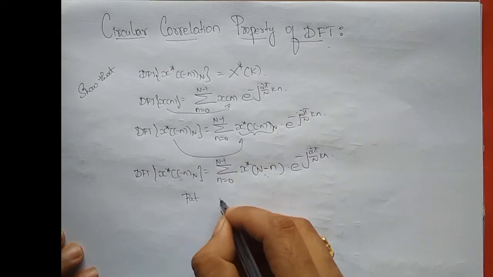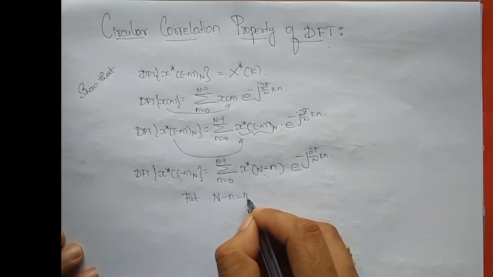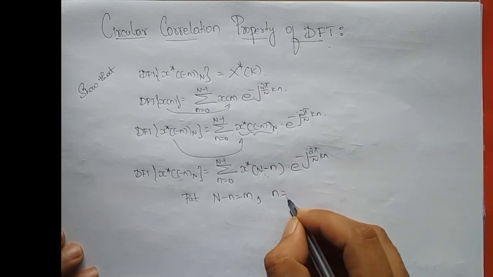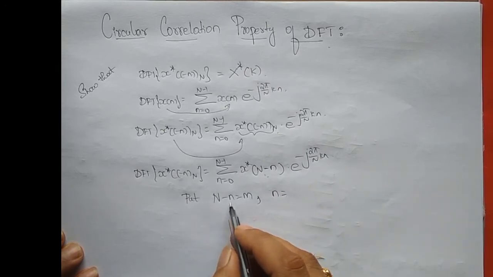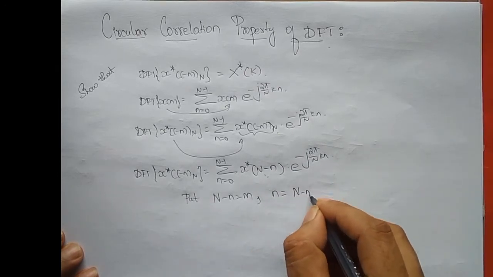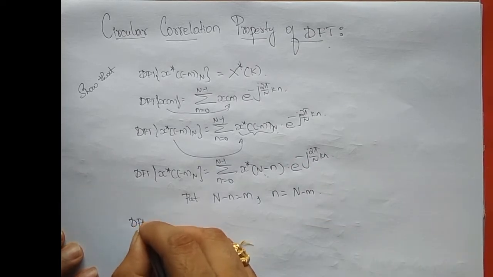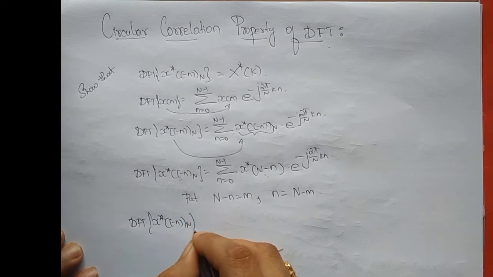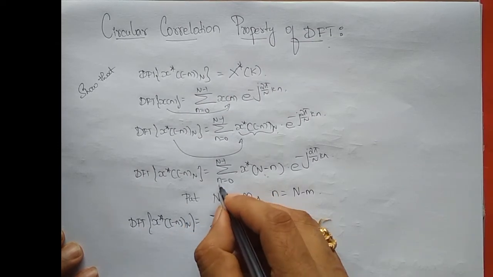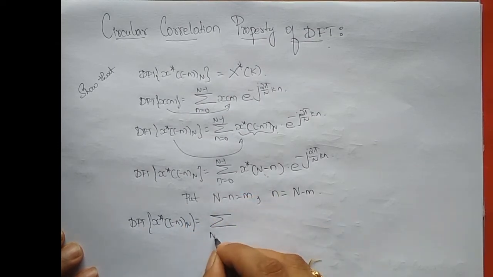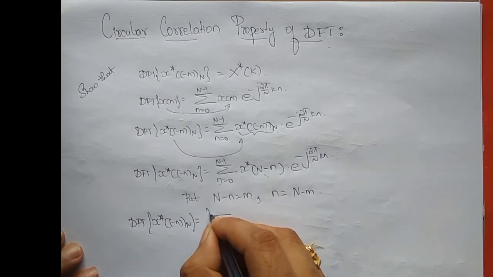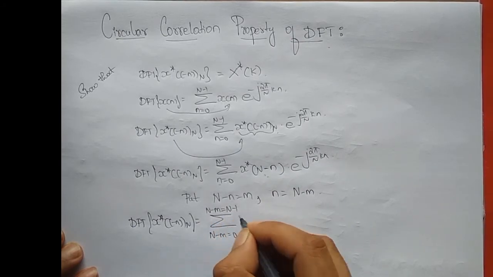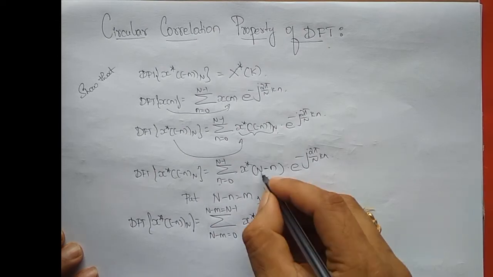Now I'm going to replace N minus n equal to m, and writing n in terms of m, it is N minus m. So the DFT of x star of minus n mod N is equal to summation, where instead of n, n equal to N minus m runs from 0 to N minus 1, of x star of, what is N minus n?